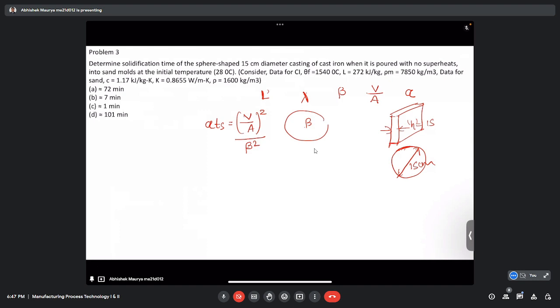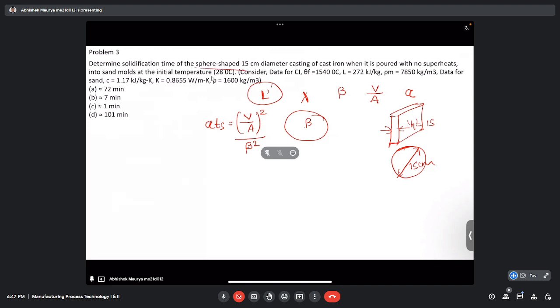So let's try to solve it together step by step. Apart from the geometry, other things are the same.